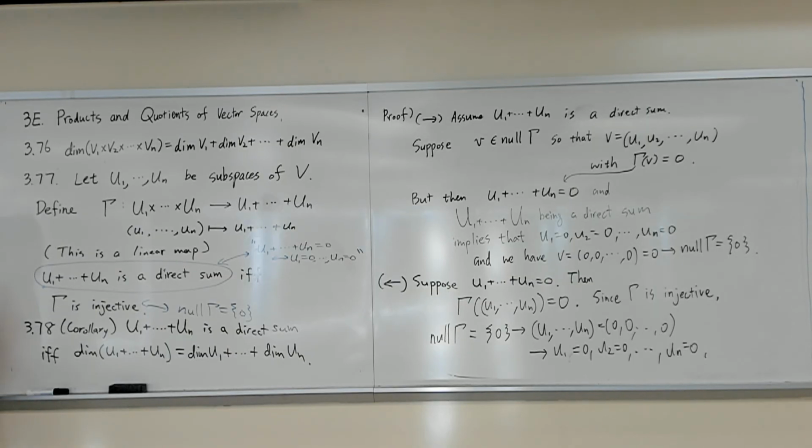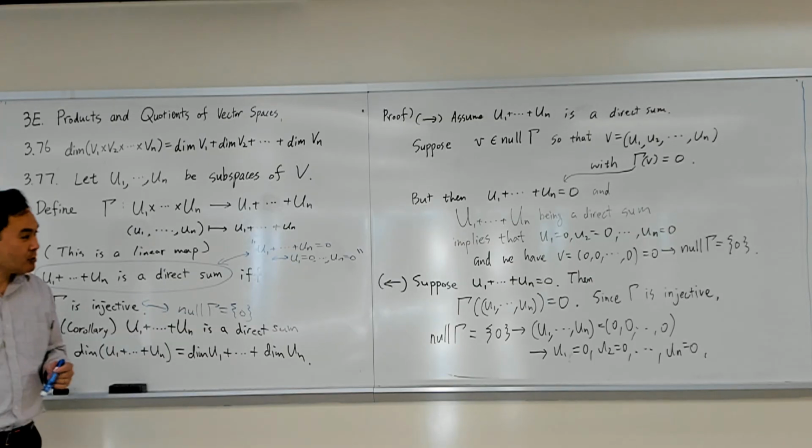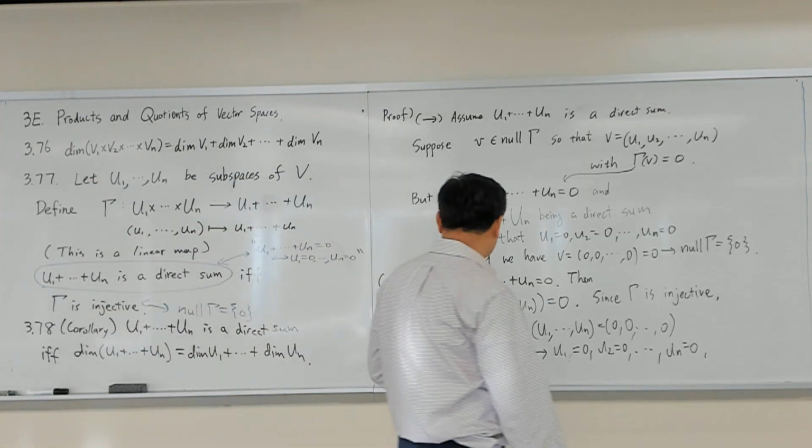Let's just see why it's a corollary. I don't want to write it down, but it should make sense. First, going this way. If U1 through UN adding is a direct sum, then we know that this is injective, right? Now, not only is it injective, let me see, I didn't show that it's surjective.